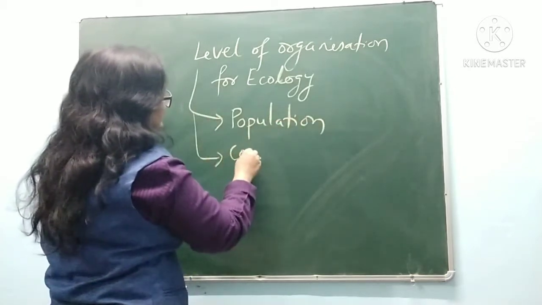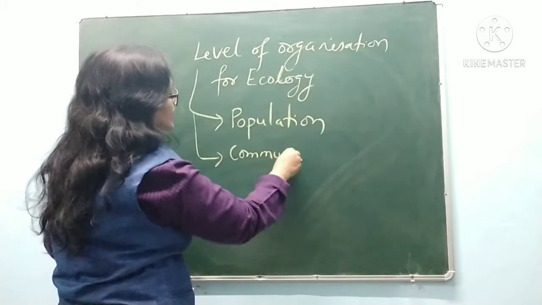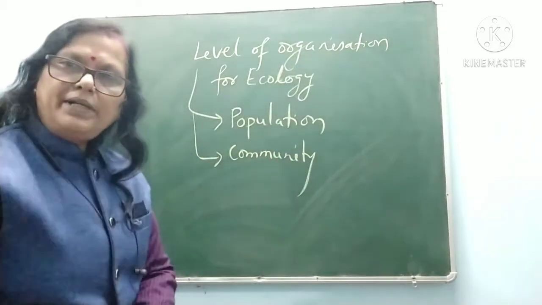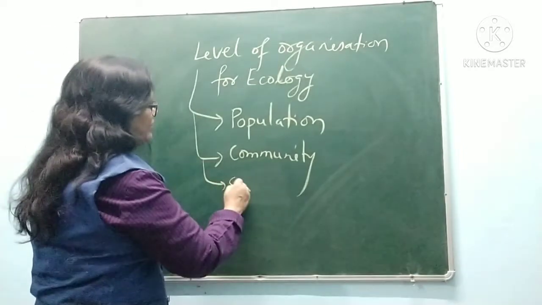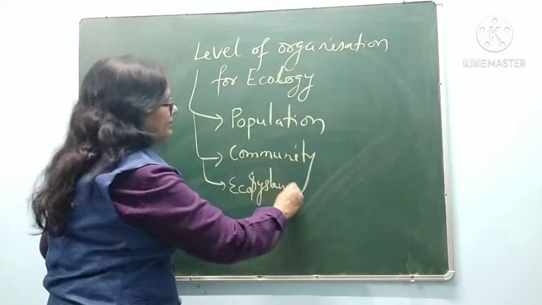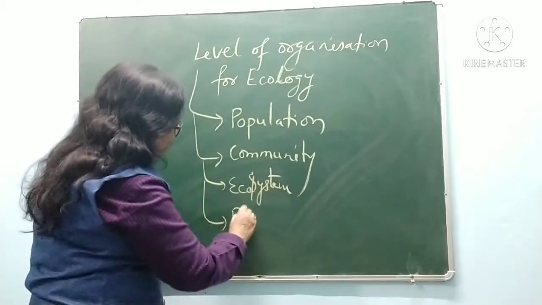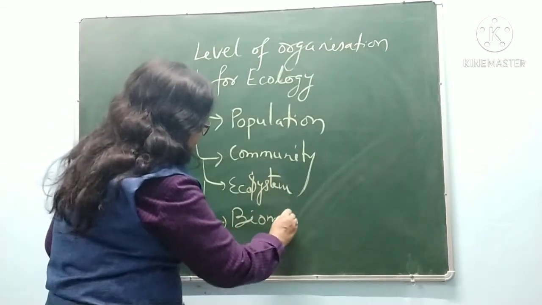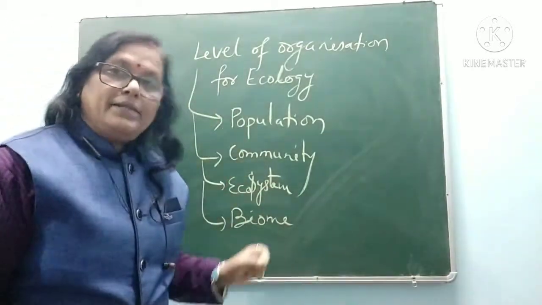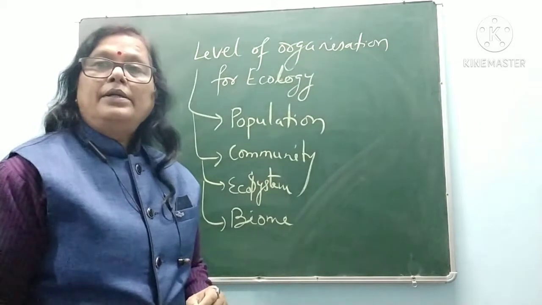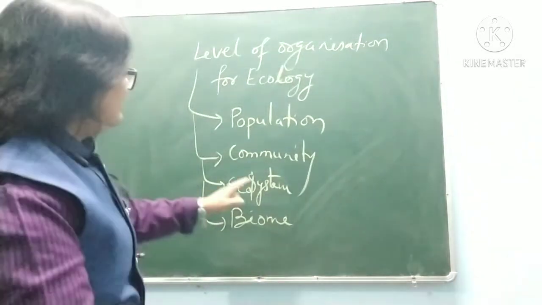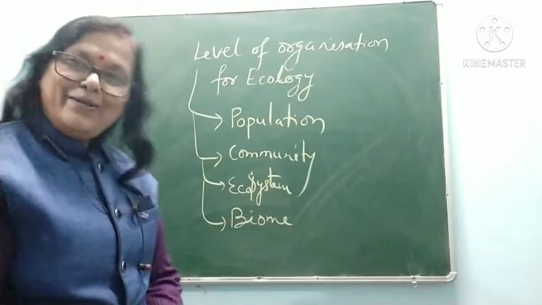Second one is community. Or you may say population level of organization, community level of organization, ecosystem level of organization, and biome level of organization. These 4 levels of organization are included in ecology. So let us see. Most important one is the biome here.